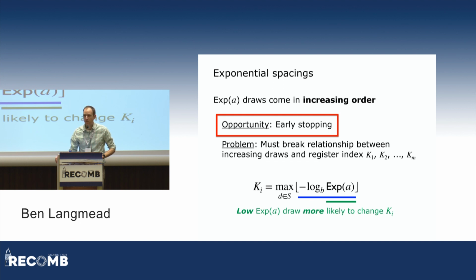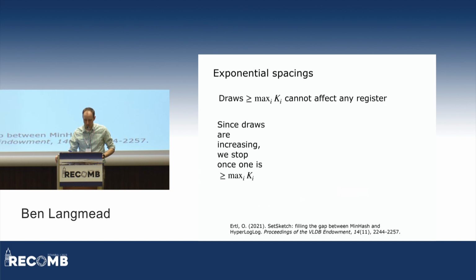And indeed, there are some draws that might be so big that they can't possibly influence any value of any register k sub i. Indeed, draws that are larger than the maximum of all the current register values can't possibly affect a register. And furthermore, no subsequent draws could possibly affect a register because they're in increasing order. So as soon as one of them fails to influence the sketch, the rest of them will also fail to influence the sketch.